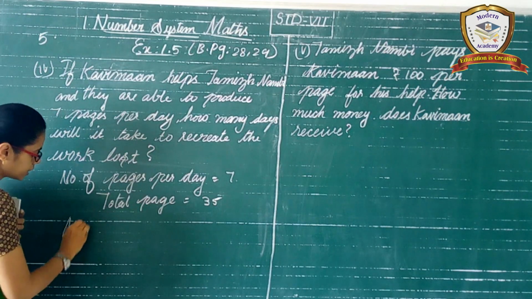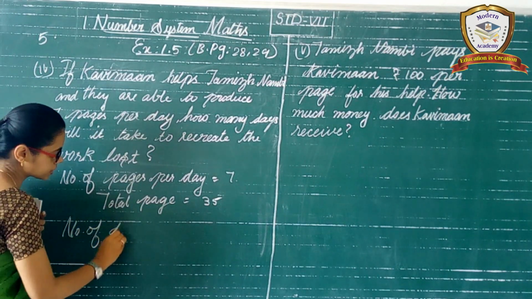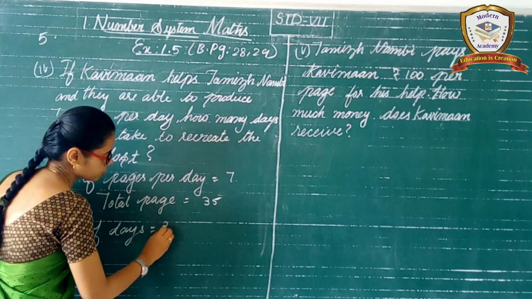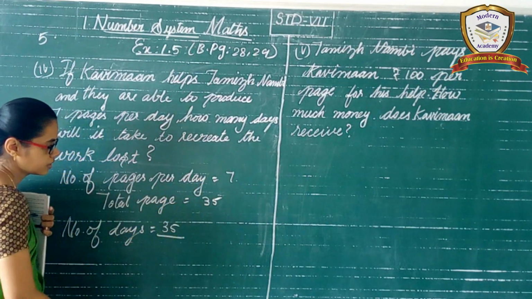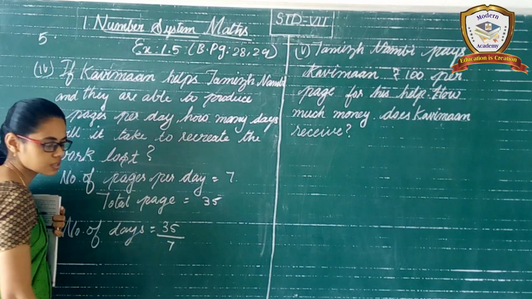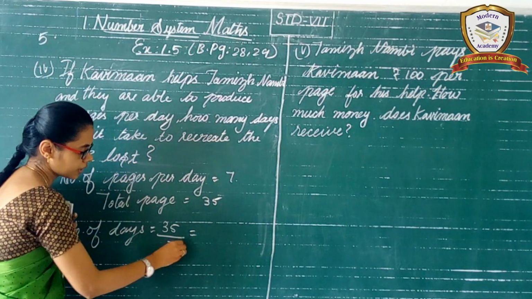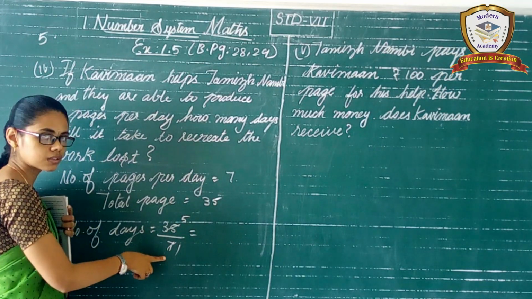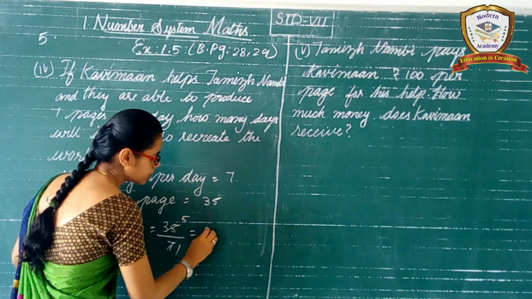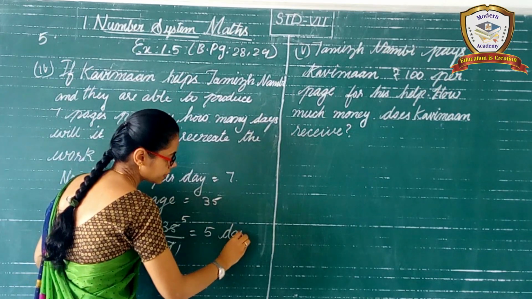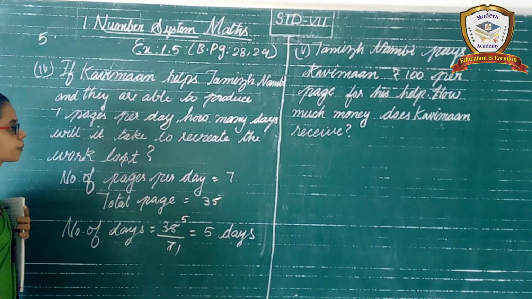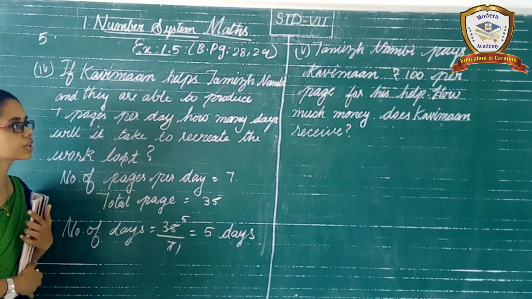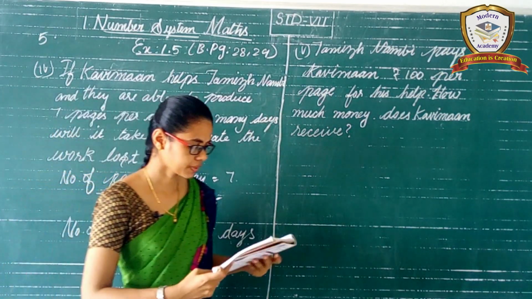Means we need to find the number of days. So number of days means we need to divide. So total 35 divided by 7. 7 pages. Which means we have to cancel. Here 1 time. 1 lost. Okay.